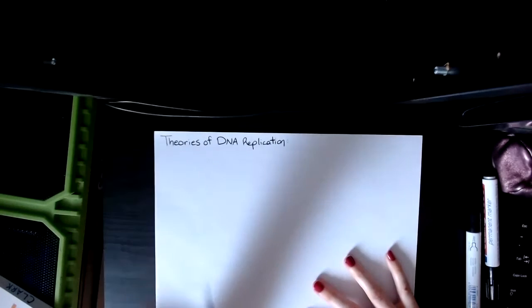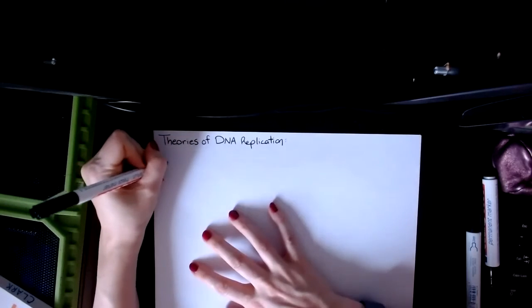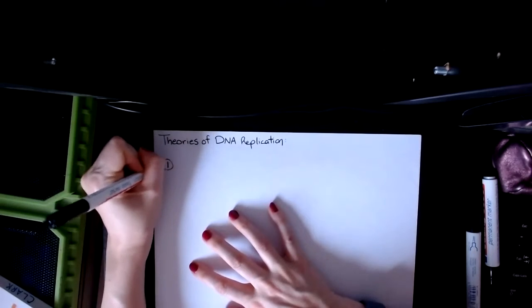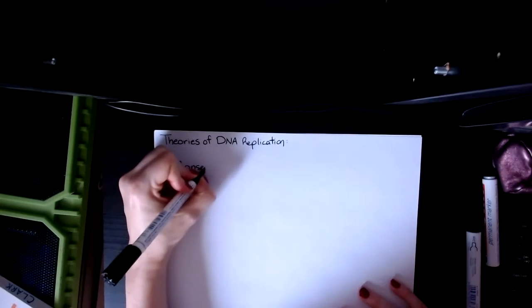Okay. So at the time of Meselson and Stahl's experiment, there were three main competing theories of DNA replication. The first one is called conservative, and it means fully conservative.